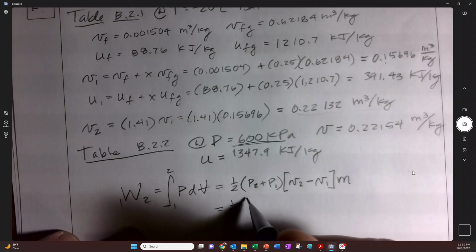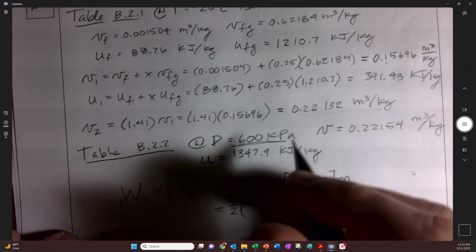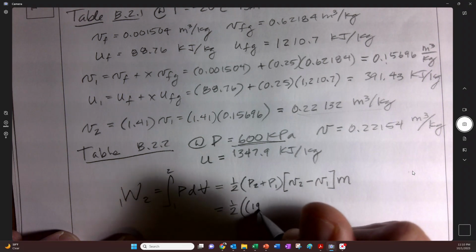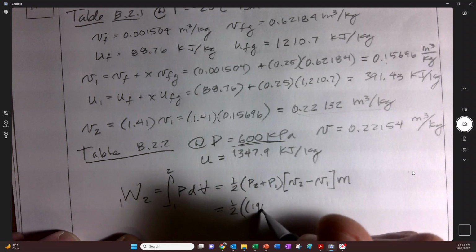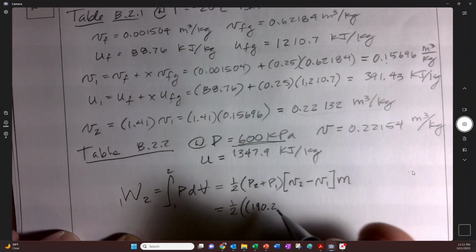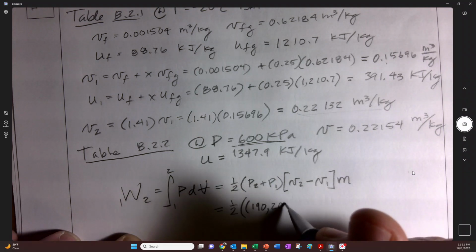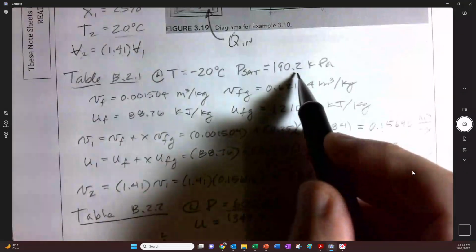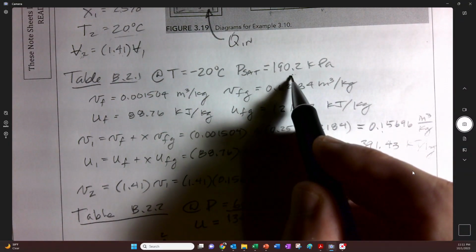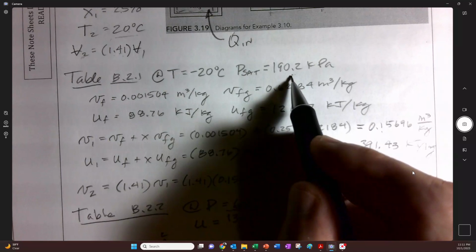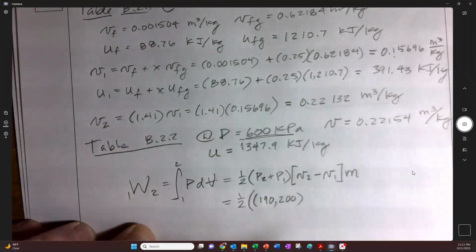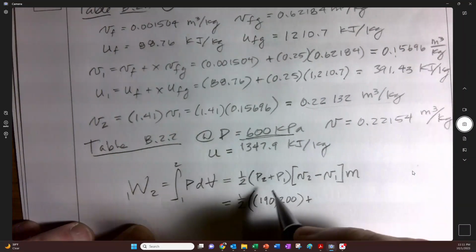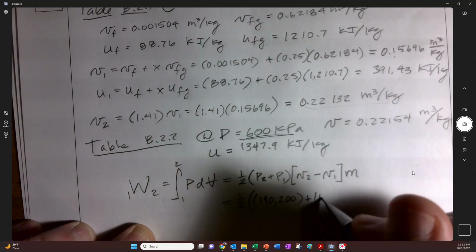So 1/2, and just to keep the units straight, I'll be a little fussy, into 190,200. Remember that we got that from here. Wait, I messed up something. What did I mess up? Yeah, I guess that's actually P1. It doesn't matter, we're adding them together. Okay. That should have been the other way around. We just got 600,000.